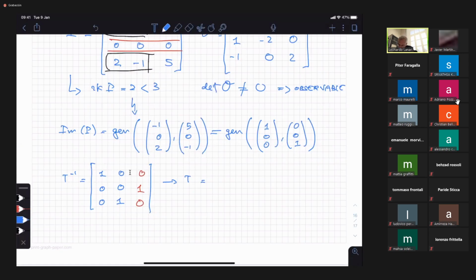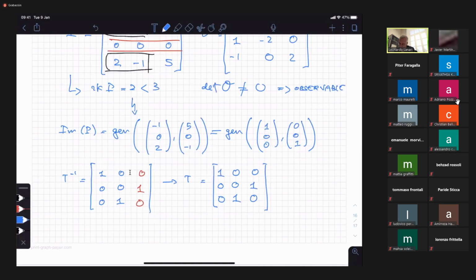So T should be such that T minus 1 T gives the identity matrix. Okay, so we see that if I pick the first column, I would have the first column of the identity matrix. If I pick the last column, I would have the second column of the identity matrix. And if I pick the second column, I would have the third column of the identity matrix.